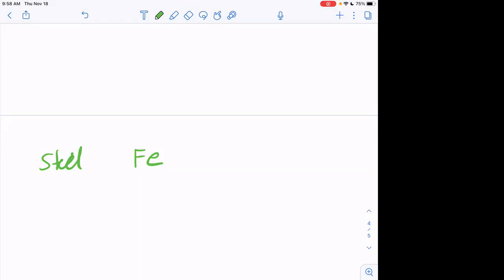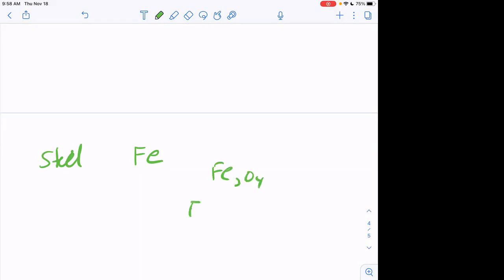It's too reactive. What you find is iron oxides. This is one of them, and this is another. Different iron oxides. So to make steel, we have to take this iron oxide and convert it to iron. That requires inputting energy. That is not a product that's more stable. The reactant is more stable, but we're driving it. It won't happen that spontaneously in the environment. It'll go in the opposite direction, but we're going to drive it by putting the energy in.